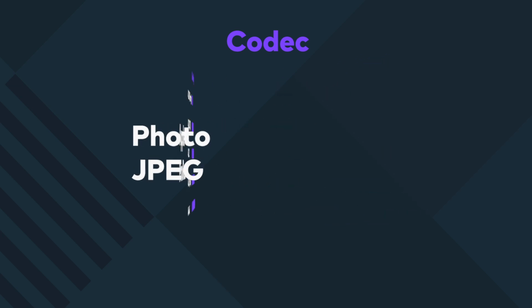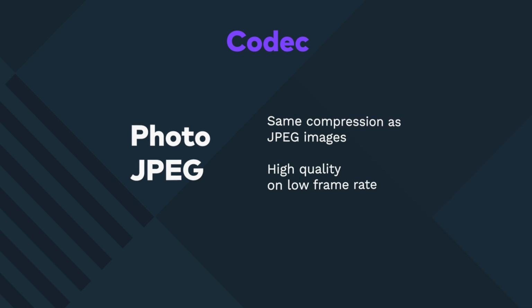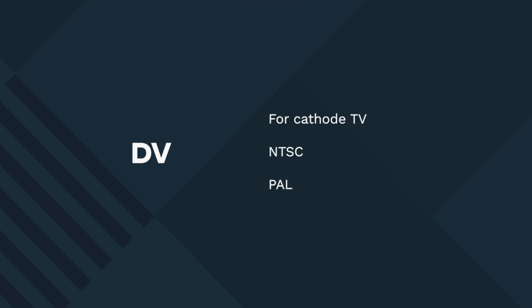The Photo JPEG codec will use the same type of compression of JPEG image files. It will maintain a good quality image, especially on a low frame rate. GoPro Cineform is designed for professional video editing with speed and quality, at the expense of a very high file size. The DV formats are made to export videos for cathode TV monitors. There's an NTSC and a PAL version available.